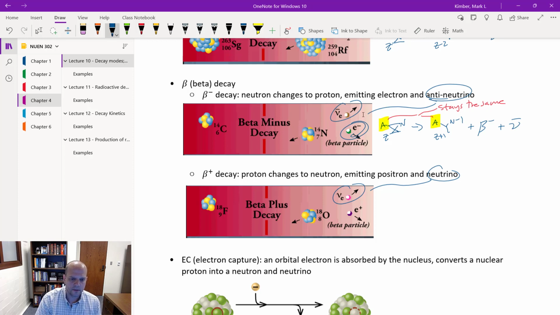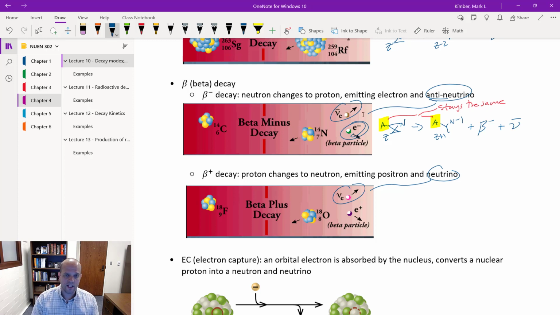And it was early on in the 20th century that it was thought that these existed, and the reason for that is because there was an energy distribution to this beta particle that was emitted as part of the beta minus or beta plus decay. And because there was a distribution, that meant there had to be some other particle that shared the kinetic energy that came on the product side of that reaction.